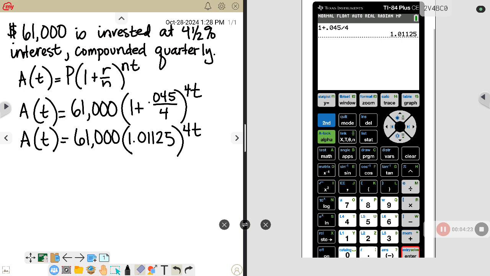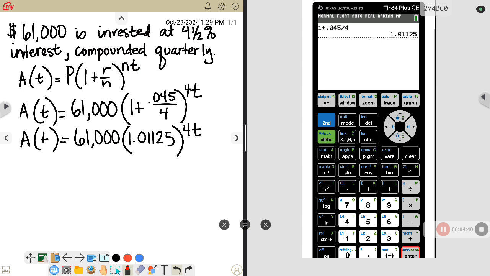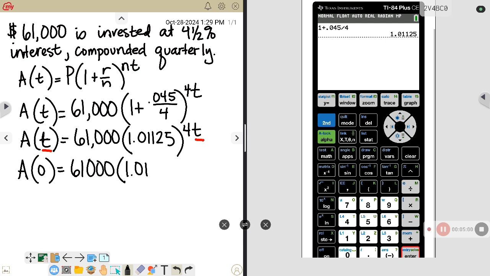Now it's going to ask several different years. So how much money is in the account after 0 years? So here's what you are going to be changing. You are just going to be putting in different numbers for the year. So after 0 years, you are going to have A of 0 equals 61,000 times 1.01125 to the 4t.